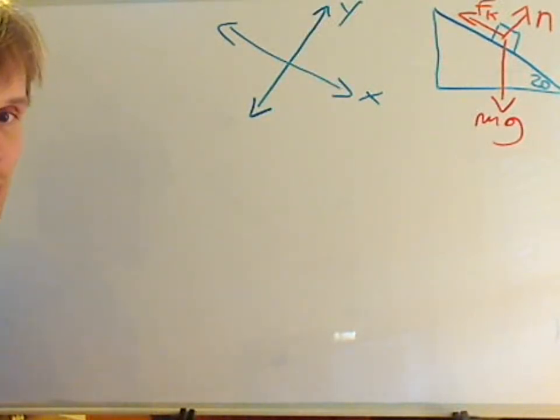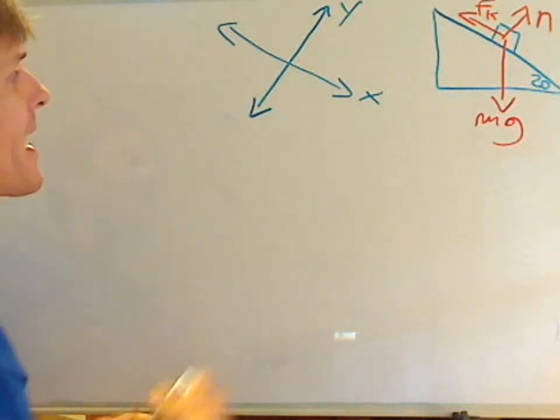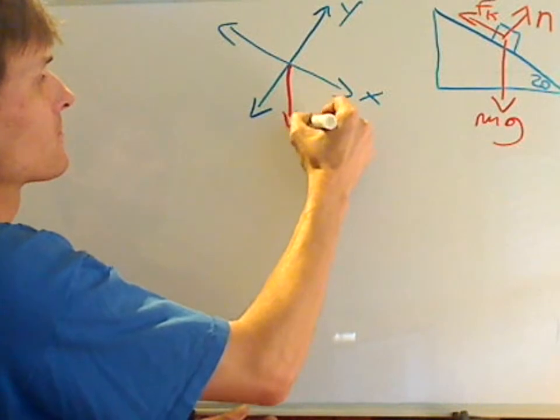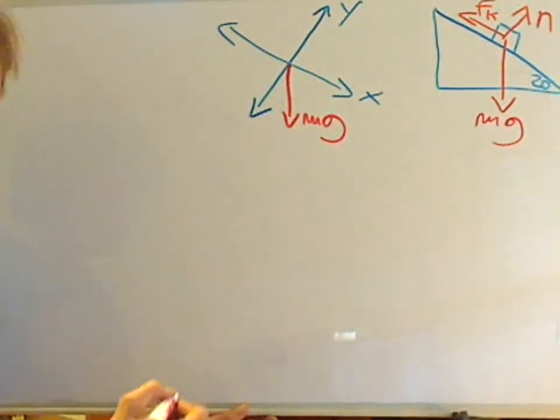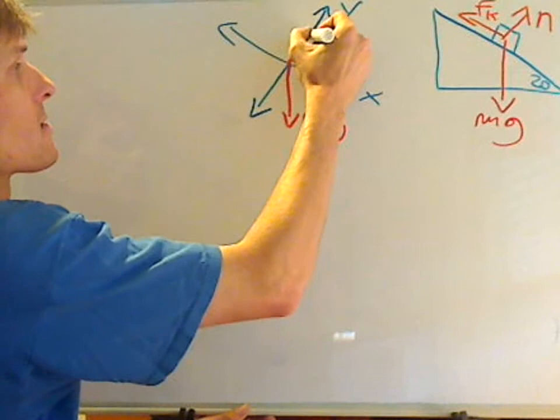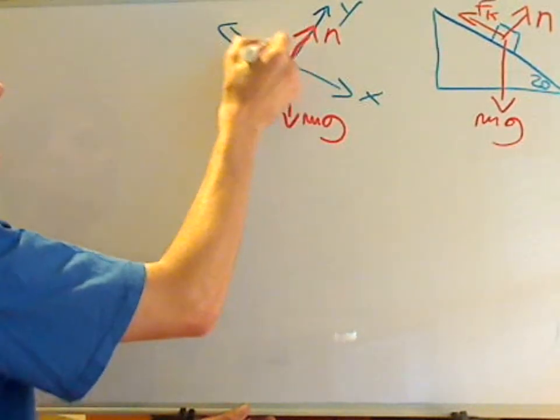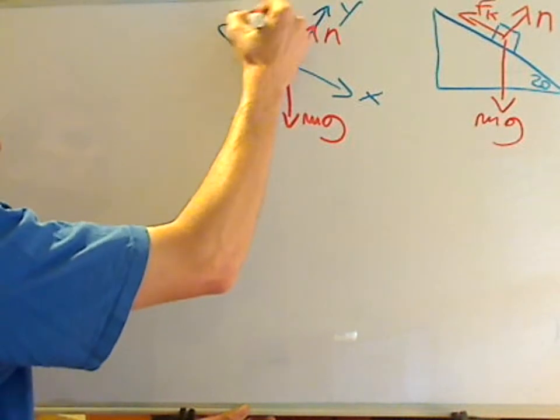Okay? So let's label our forces in there. We have mg pointing down, the normal force points up, and kinetic friction points up the slope.